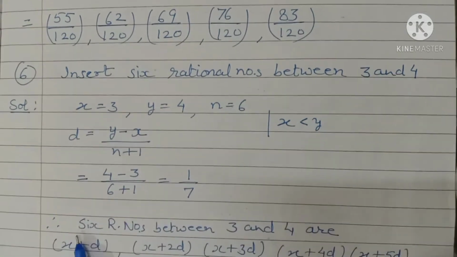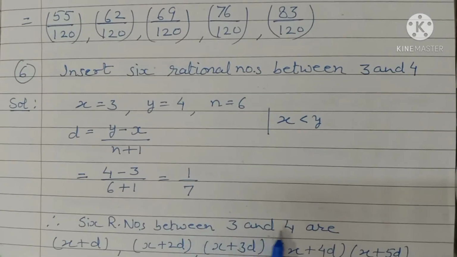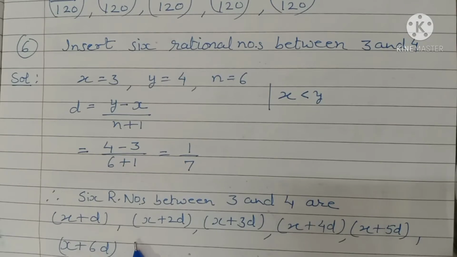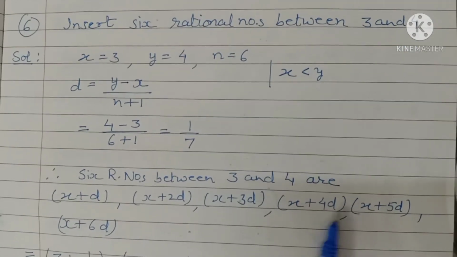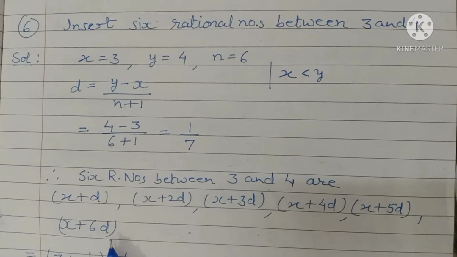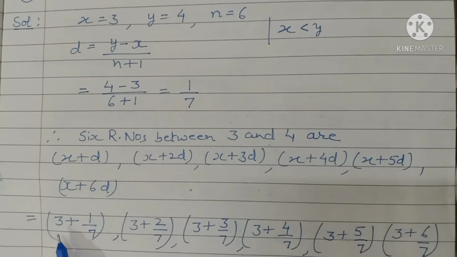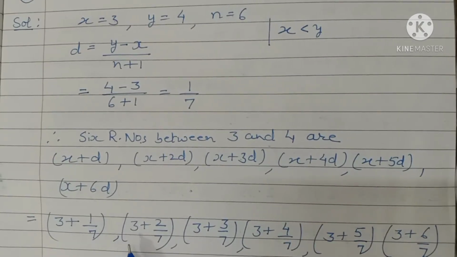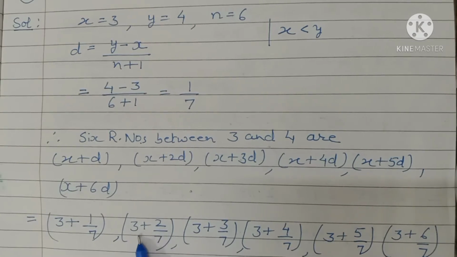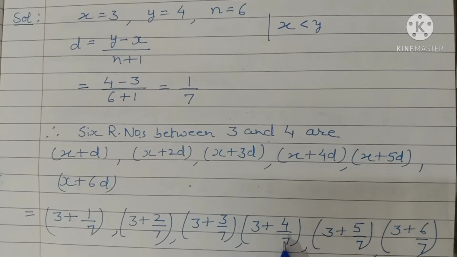Now the 6 rational numbers between 3 and 4 are x plus d, x plus 2d, x plus 3d, x plus 4d, x plus 5d and last is x plus 6d. We have to put the values of x and d. x plus d means 3 plus 1 upon 7. x plus 2d means 3 plus 2 upon 7. x plus 3d means 3 plus 3 upon 7, and we continue for all 6 values.